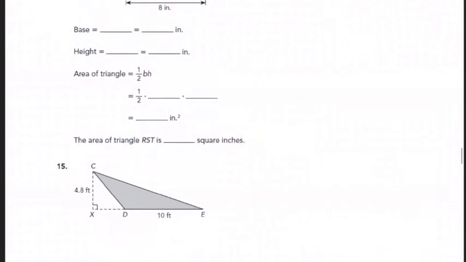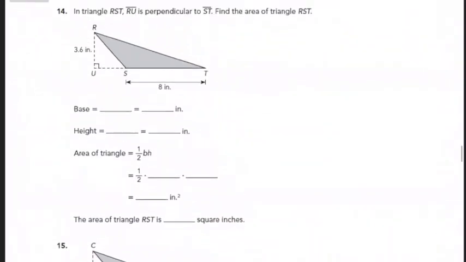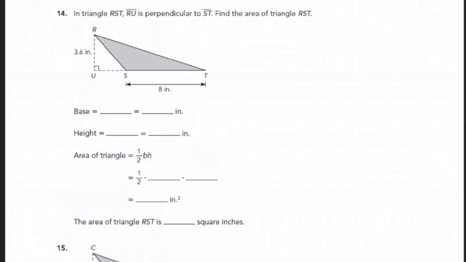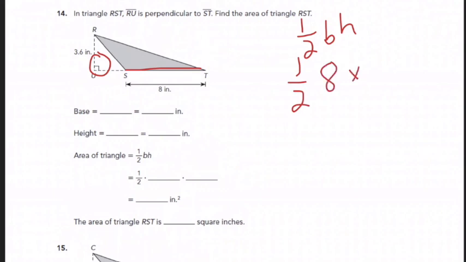Okay, let's do number 14. Let's do 14 real quick. So 14, I'll do it with you. 1/2 base times height. So the base, I look for the right angle. Base is 8. So it's 1/2 of 8 times 3.6. Now, I told you, you can use a calculator if you need. It's not a problem at all.